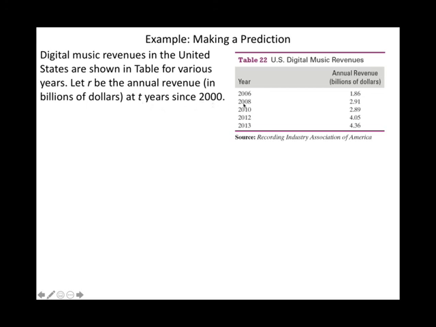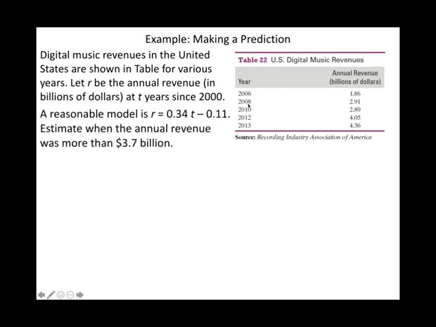So figure out what is your t when the year is 2006, what is your t when the year is 2008. Okay, a reasonable model is R equal to 0.34t minus 0.11. So we have the linear equation in here. Estimate when the annual revenue was more than 3.7 billion.